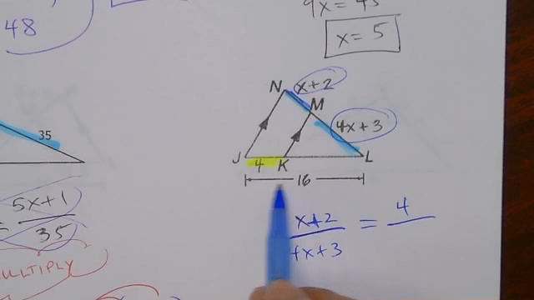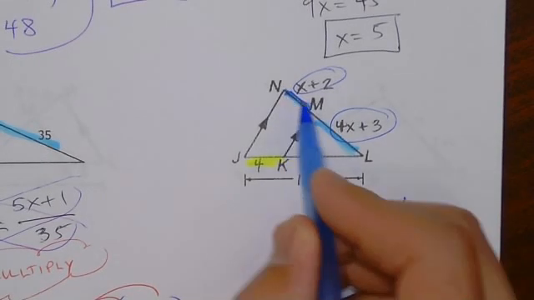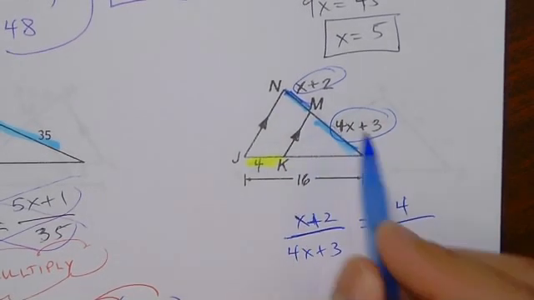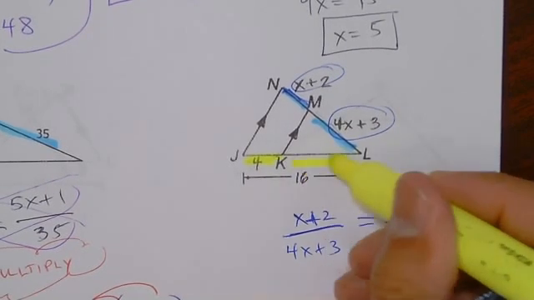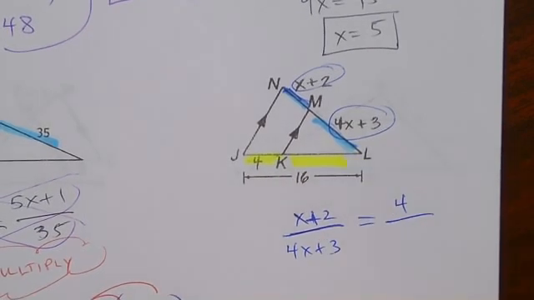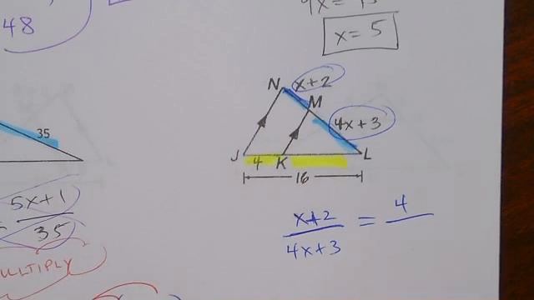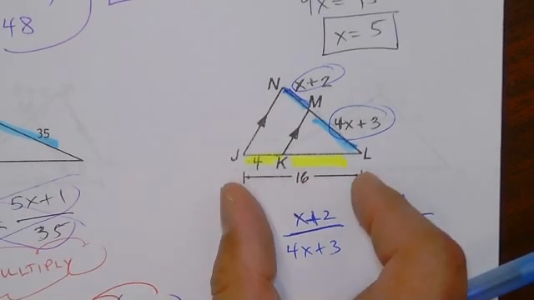Do I want 16? No, if you put 16, that's wrong. I want just this piece over this piece, and I just want this piece, and I should have this piece, but it didn't give me a number there. It didn't give you a number there, but can you find it?